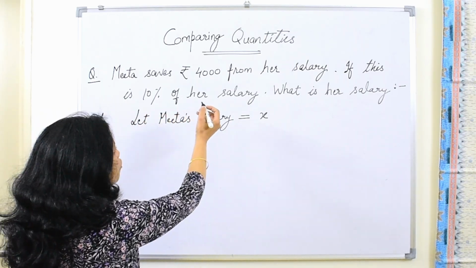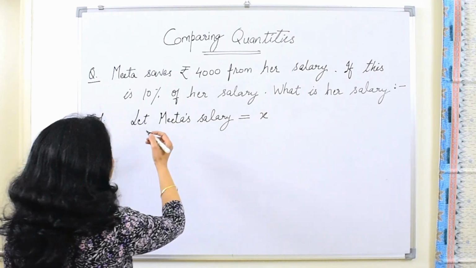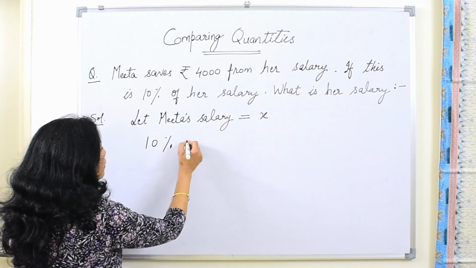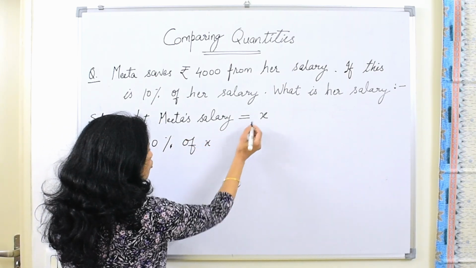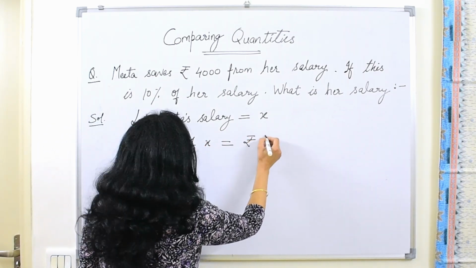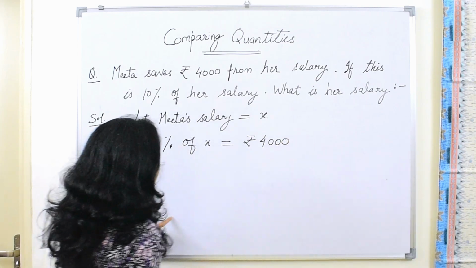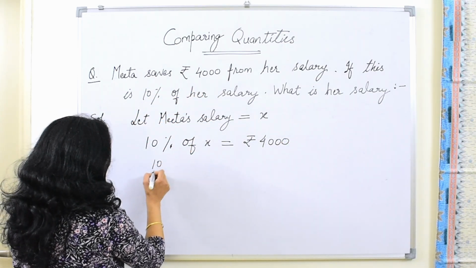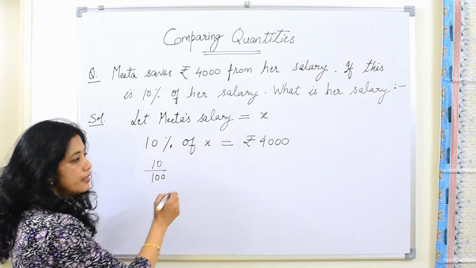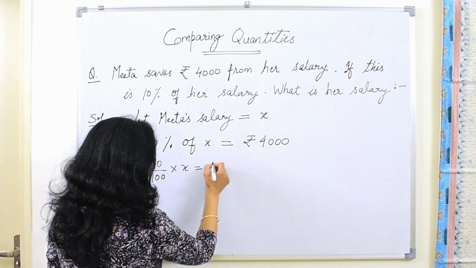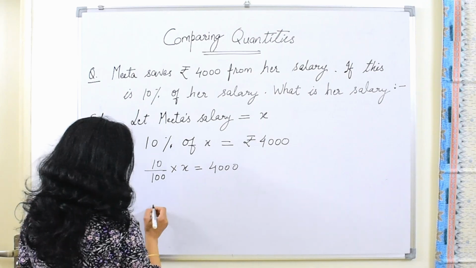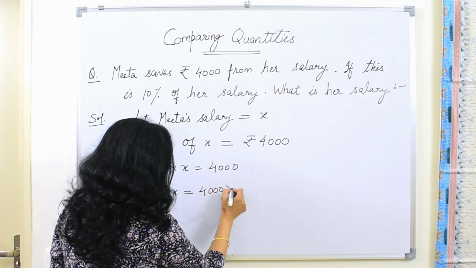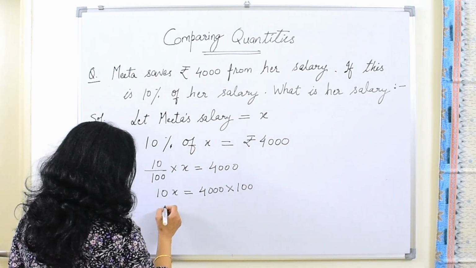Meeta saves rupees 4,000 from her salary. If this is 10% of her salary, it means 10% of X is rupees 4,000. This is what is given in our question. Now 10%, percent means out of 100, of X is 4,000. 10x will be 4,000 multiplied by 100.